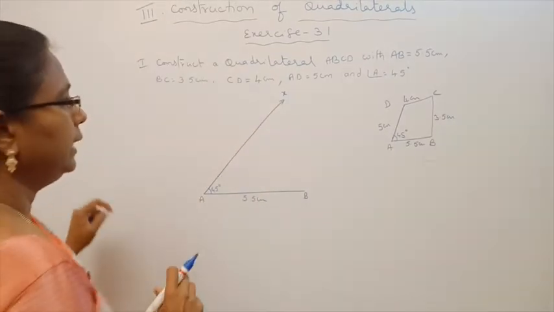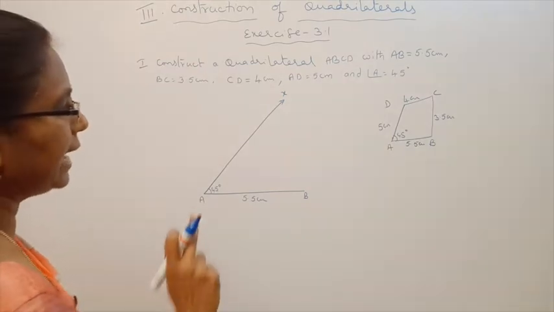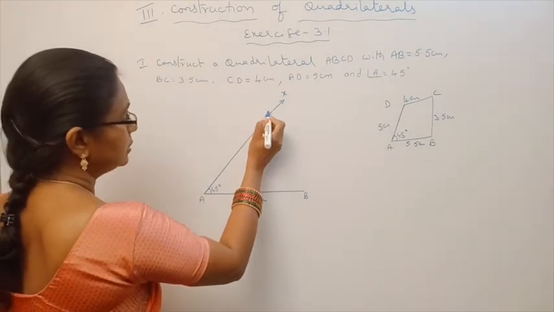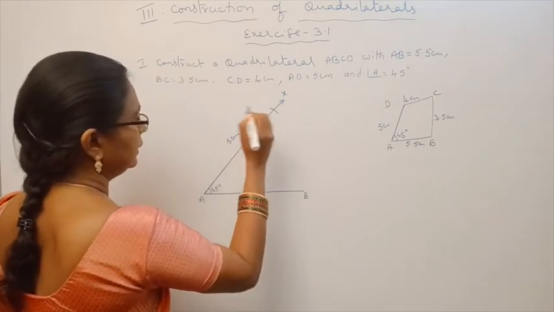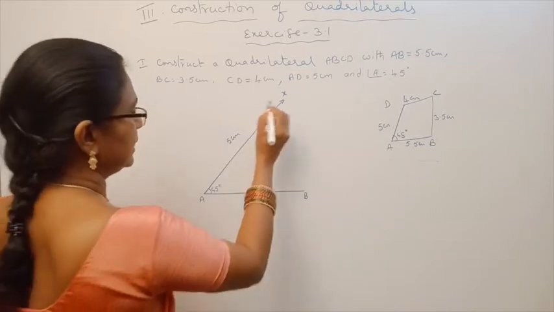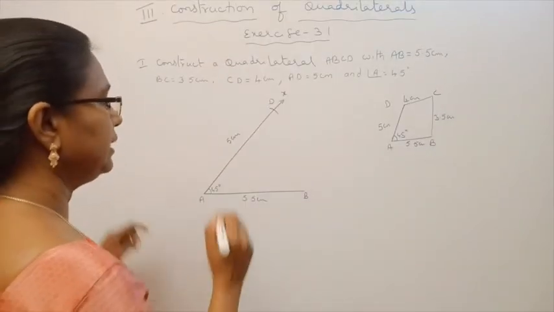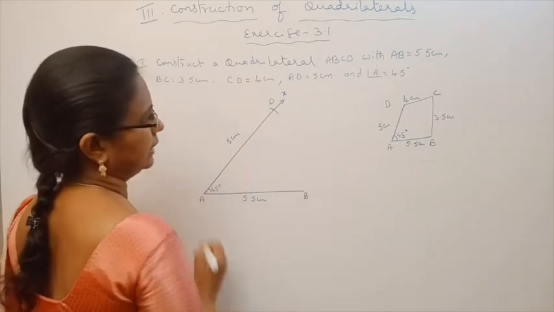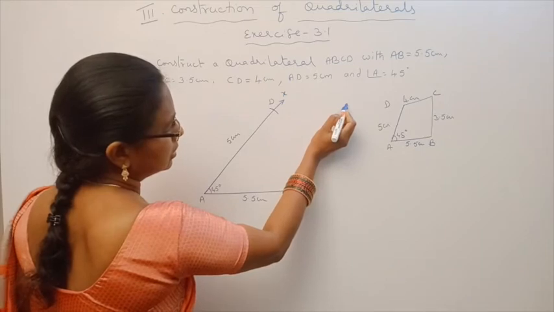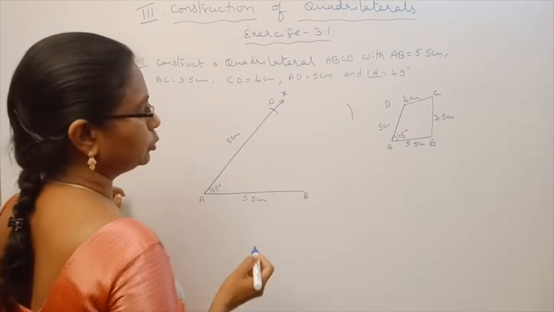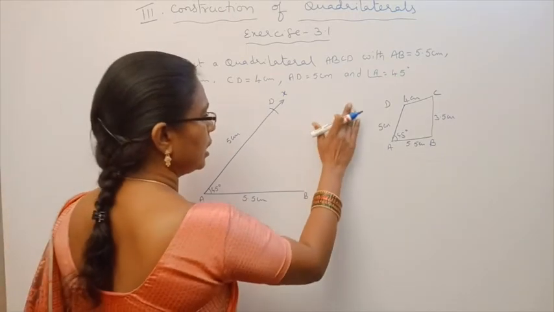Next, take A as center with the compass. Draw an arc of 5 centimeter on the AX ray. It will cut at one point, that is D. Now take D as center and draw one more arc with radius 4 centimeter.